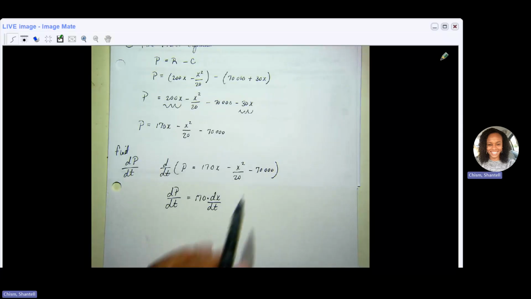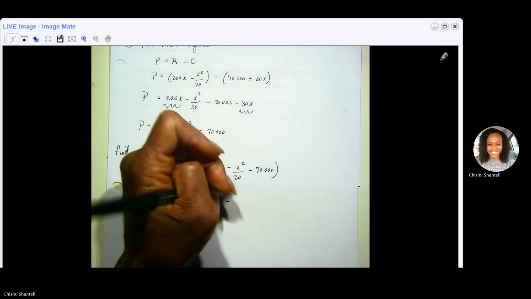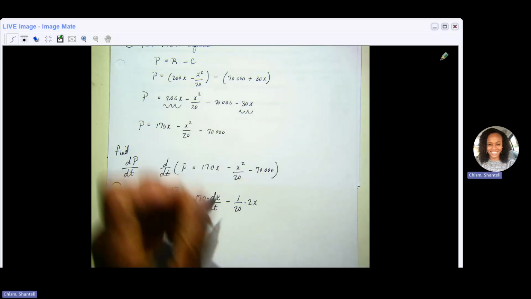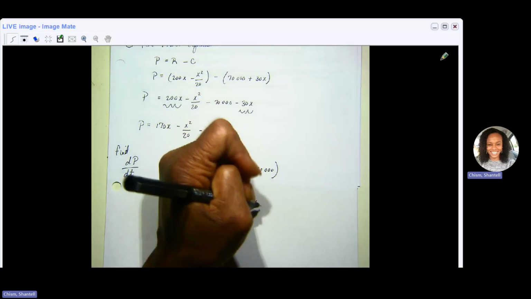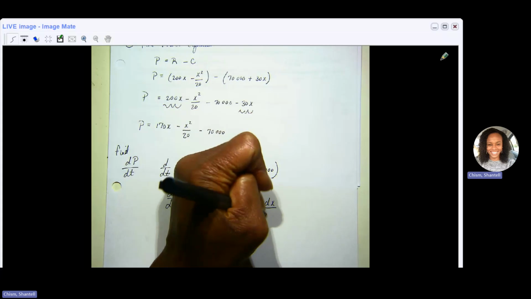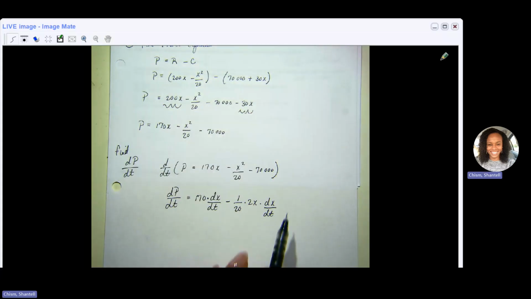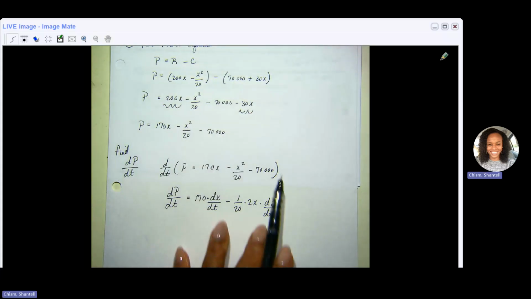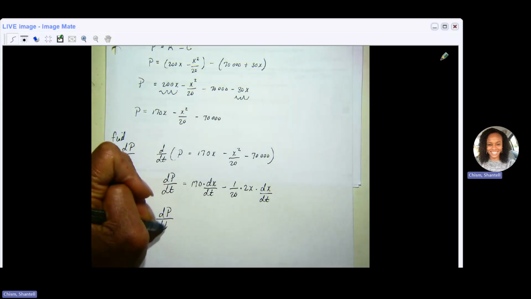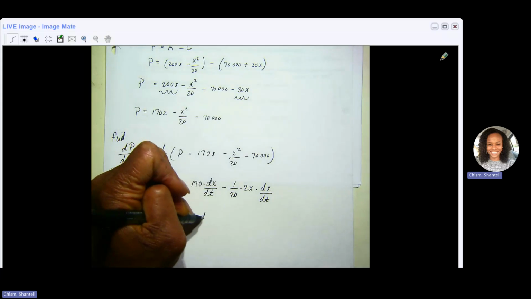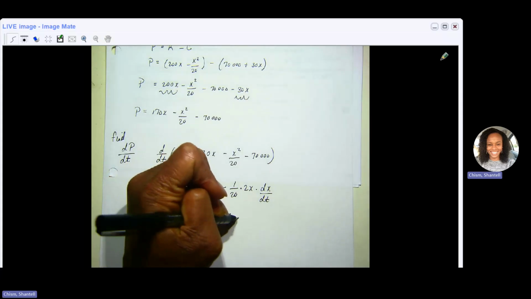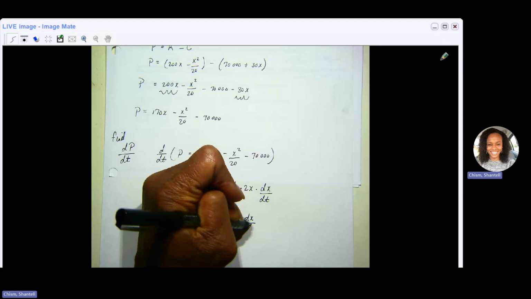Okay? This is 1 over 20. I'll keep that. And then I'll say times 2x because the derivative of x squared is 2x. And then again, x is a function of t, so I say times dx over dt. And then this is a constant, so that just becomes 0. Okay? So dP over dt equals 170 dx over dt minus 1/10 x dx over dt.